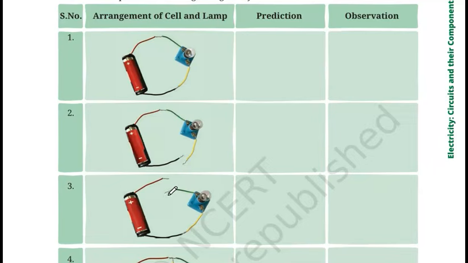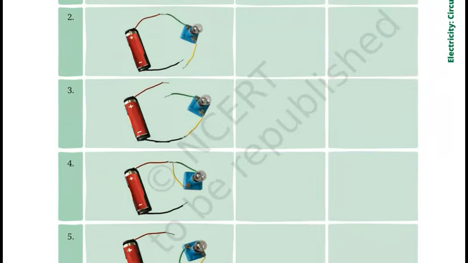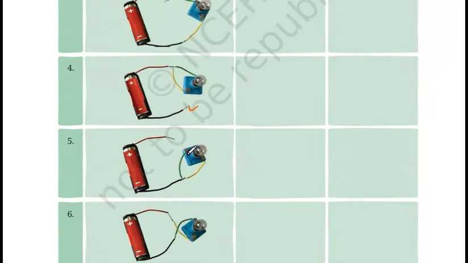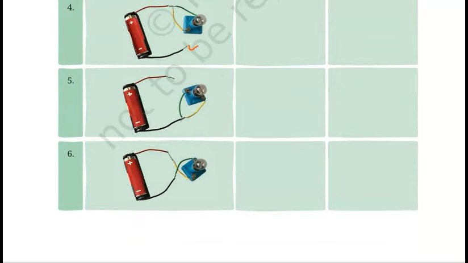In the third one, the positive terminal is broken, the negative terminal is connected. Again here you can see that the negative terminal of the battery is loose and the negative terminal of the cell is connected to the positive terminal of the battery. Same way here we connect both the ends to the negative terminal. Here we interchange the terminals.